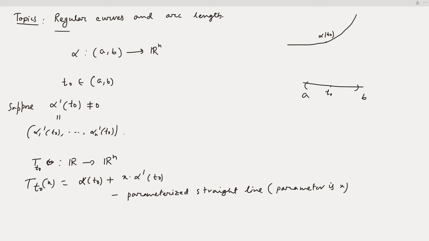So what is this? This is the tangent line of the curve alpha at the point alpha of t naught, and alpha prime of t naught is called the tangent vector.